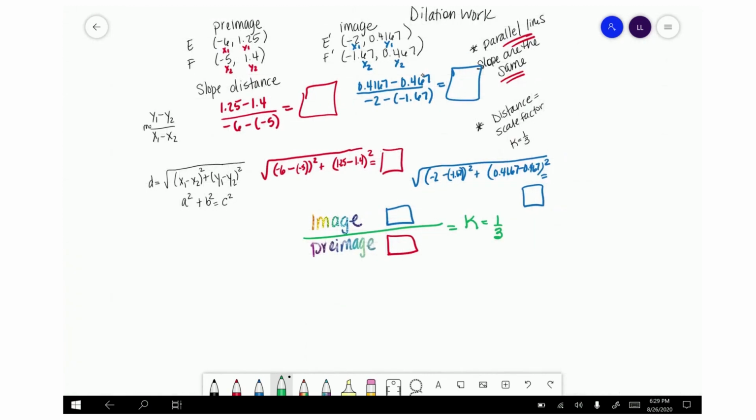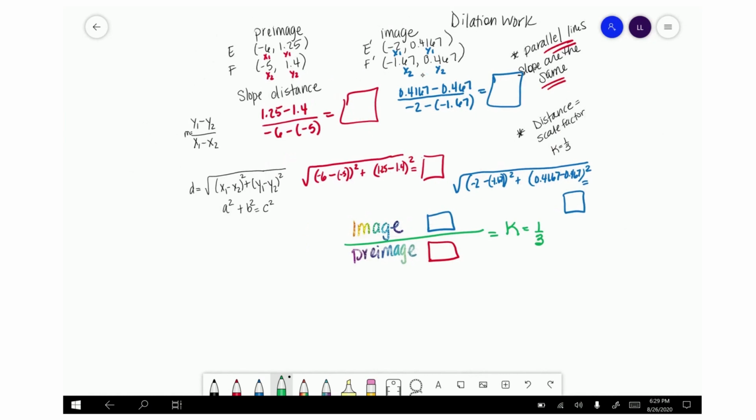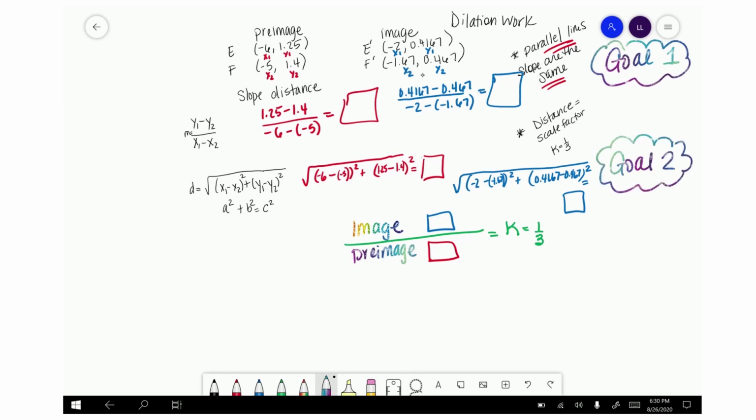So this was goal 1 for what we did earlier, where we proved that the lines are parallel. All right. This was goal 2, where we proved that the ratio of the distance was equal to the scale factor.